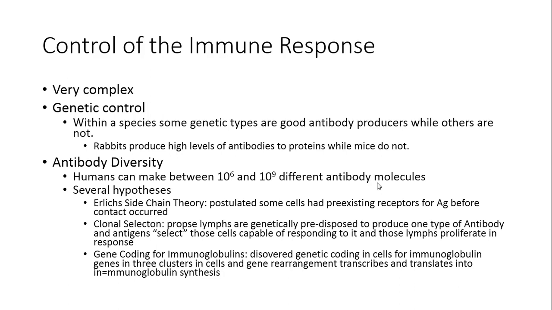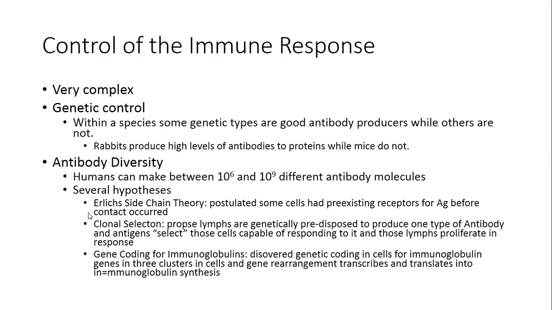There are a couple of hypotheses about how antibody diversity came to be and how it is. I think most people agree now that clonal selection, which we're going to talk about in just a second, is the one that is thought to be most accurate. But there is one, just for the sake of historical understanding, called Ehrlich's side chain theory.